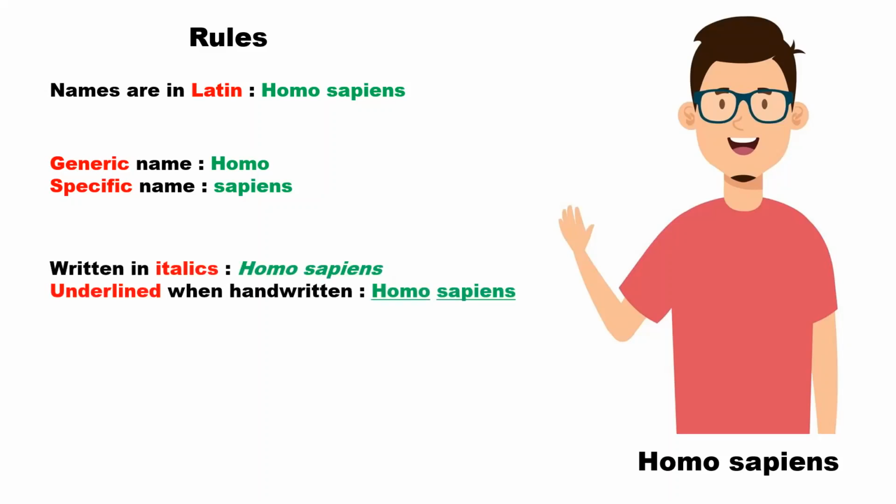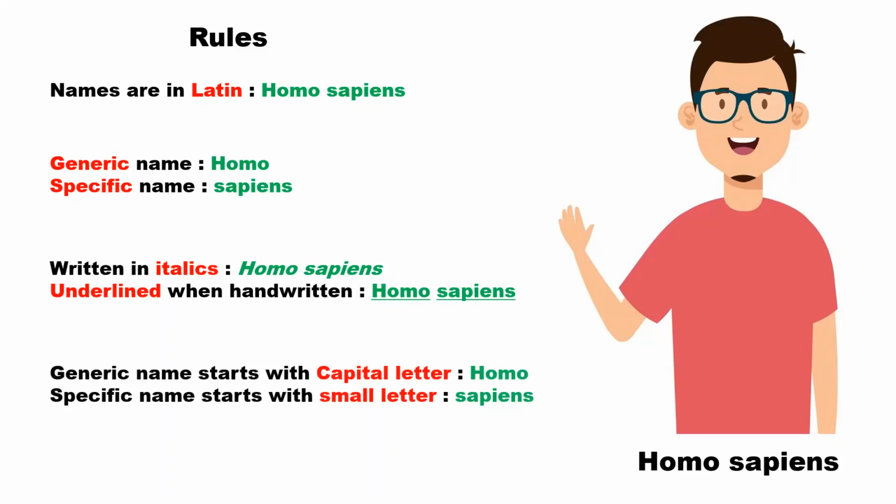It is always written in italics when typed, or when handwritten, it can be underlined; generic and specific names can be underlined separately. The next rule is the generic name always starts with a capital letter, and the specific name always starts with a small letter.